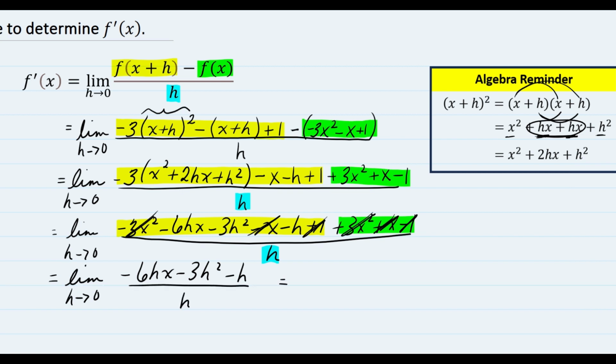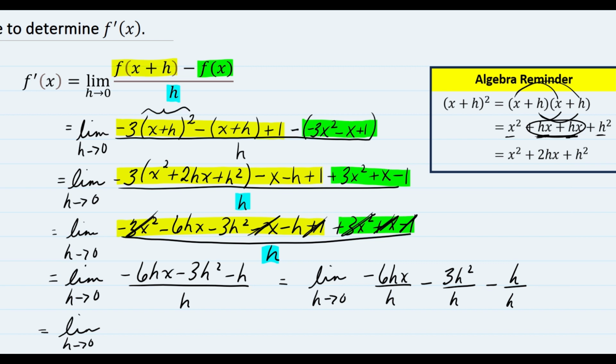Now again, just an algebra reminder, when you are doing this, I'm just going to show it here. That doesn't mean you have to write it down if you know this process. When you divide by a monomial like that, you just take each one of those terms and you divide it by that h. And in doing that, you're going to have the limit as h approaches 0 of, that cancels, you're left with a -6x, 1 of those cancel, so minus 3h, and then of course h divided by h is 1.